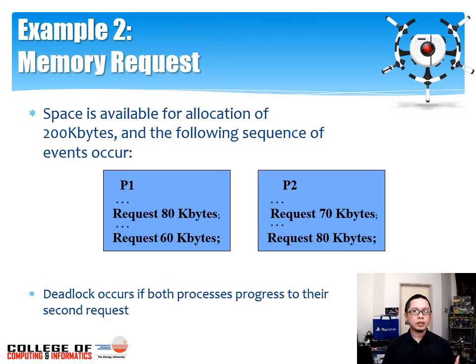The memory is not available to be given to P1 and P2 because they have already been using the 150 earlier, and you have only a balance of 50 of available memory. Hence, you cannot give 60 to P1, and you also cannot give 80 to P2, because you don't have enough memory.